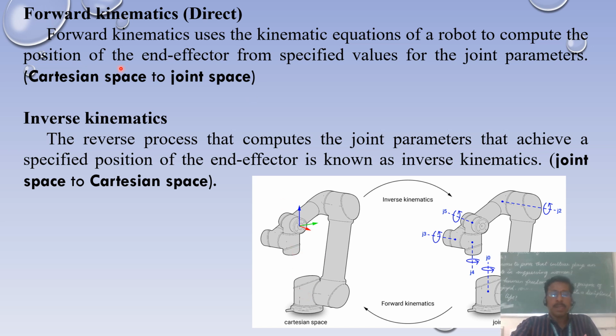So just see once again, forward kinematics uses the kinematic equations of a robot to compute the position of the end effector from specified values for the joint parameters. How far this part will be bent and how far this part will be bent and reaches the particular object.